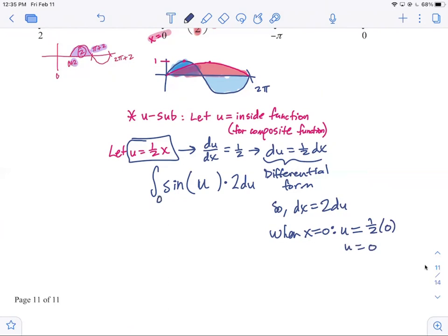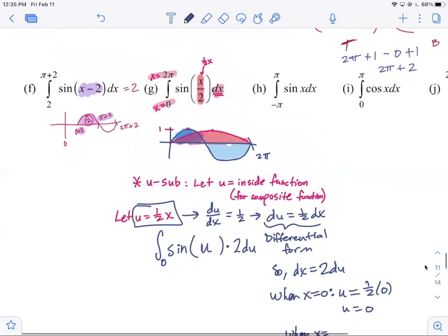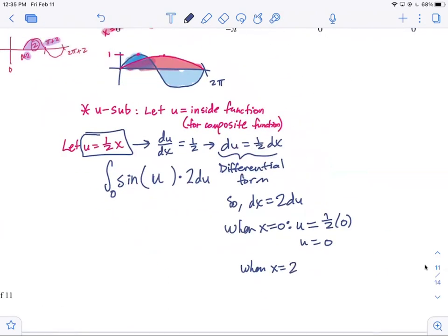So that's going to be this new lower bound, which is really the same. And when x is 2 pi, u is 1/2 of 2 pi, which is what? Pi. So it looks like that. That would be the new integral.